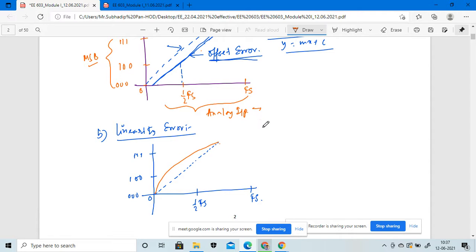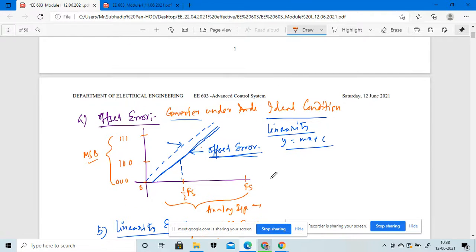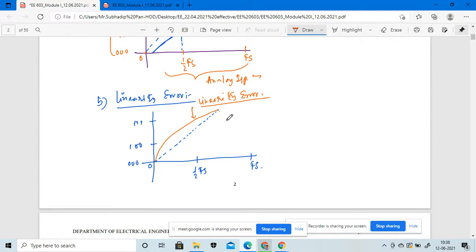This will be the characteristic curve for the linearity error relative to the ideal condition of my A to D converter, so this will be nonlinear. This is the characteristic curve when a linearity error occurs inside the process.